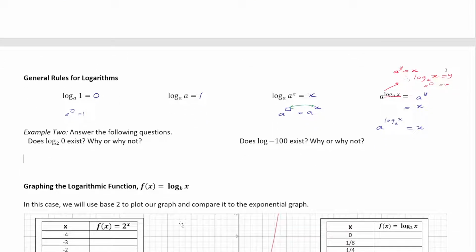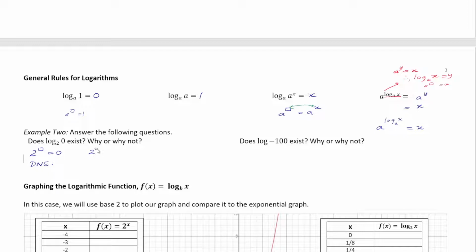Answer the following questions. Does log 0 base 2 exist? Why or why not? So we have to think, what exponent on 2 produces 0? This does not exist. There is no exponent on 2 that would cause it to become 0. Remember, 2 to the 0 equals 1, right?